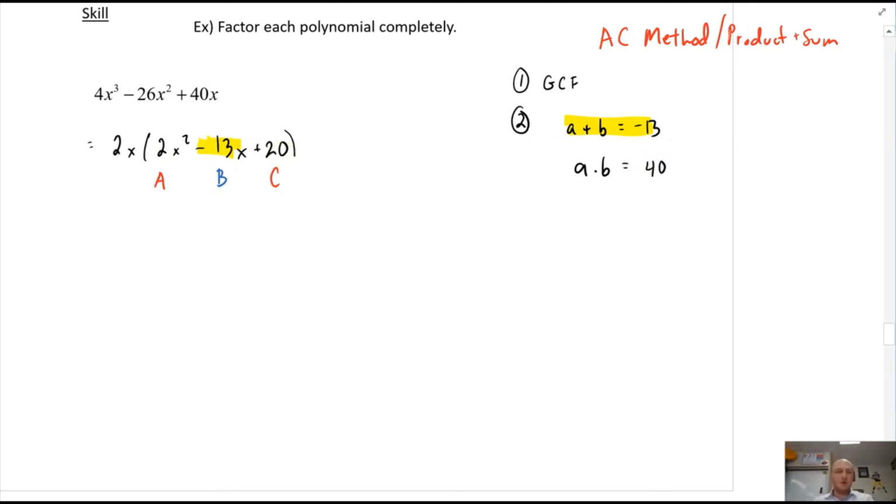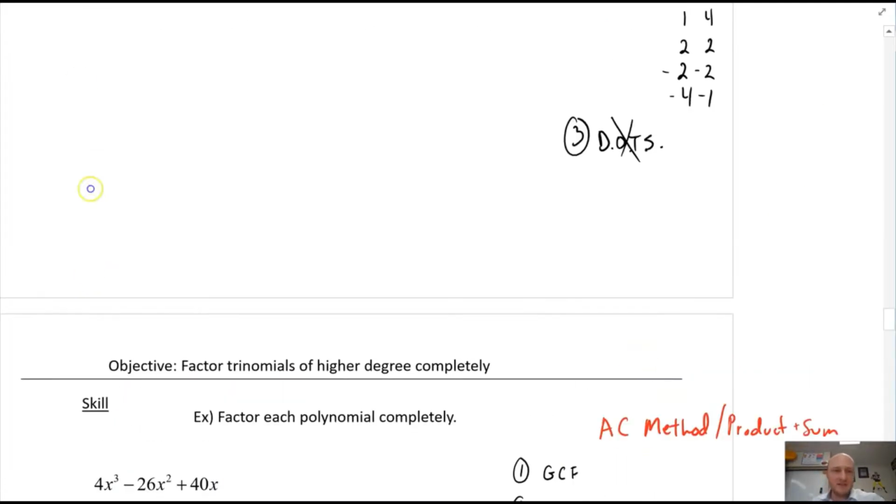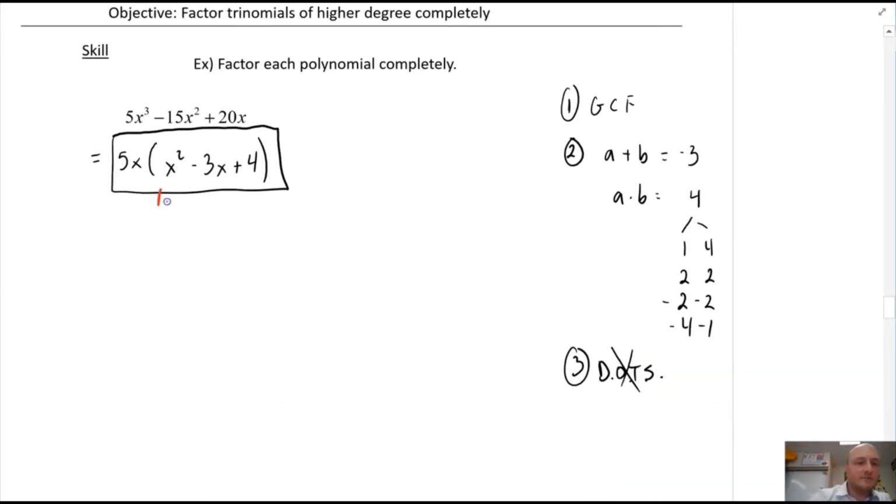Okay, so what we want, again, because you have a leading coefficient of an A value, you have to do that. If we look back at this example, notice our A value was just 1. So when you have a leading coefficient of 1, right, it's 1 times 4 is still 4.